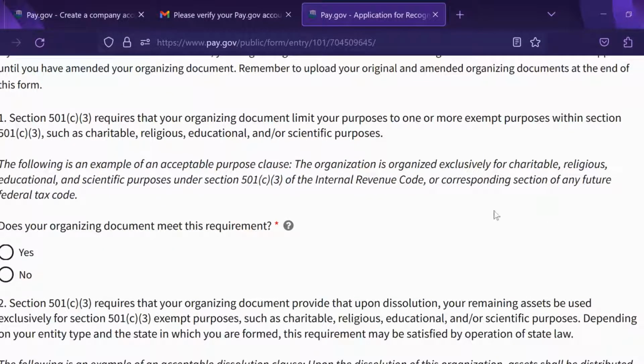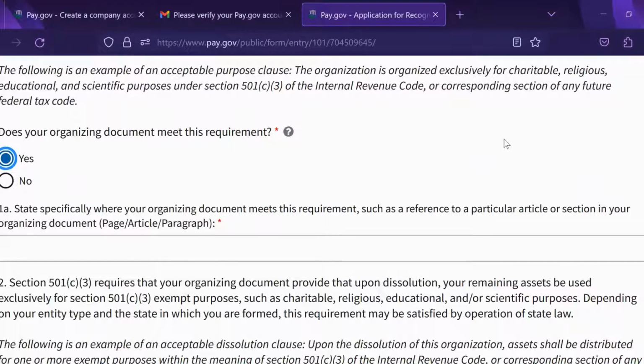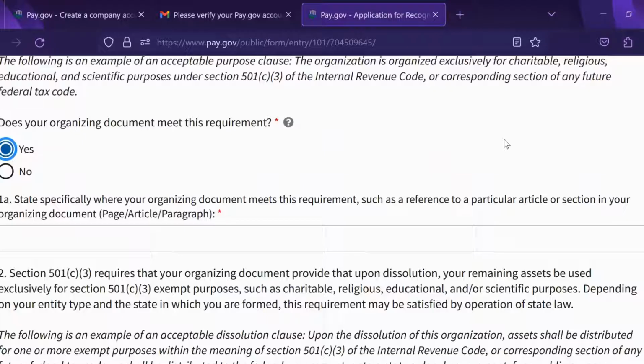So, does your organizing document meet this requirement? Yes, Jane's does. And then question 1A: state specifically where your organizing document meets this requirement, such as reference to a particular article or section in your organizing document, page, article, and paragraph. So Jane is going to go back to her articles and select the paragraph and page that states her purpose.